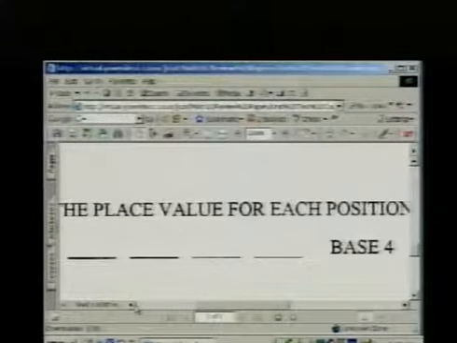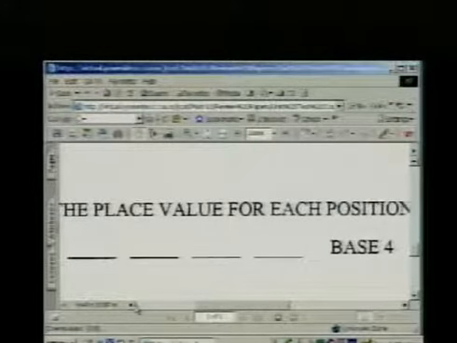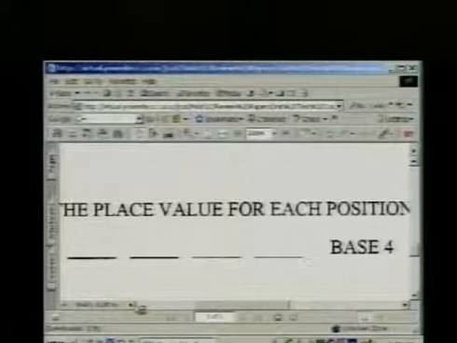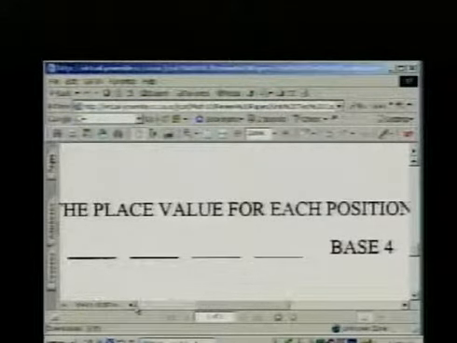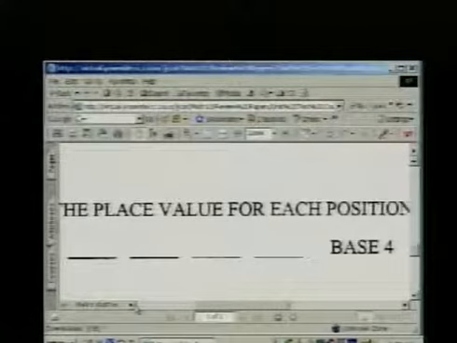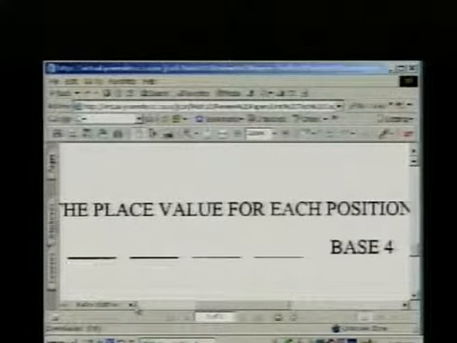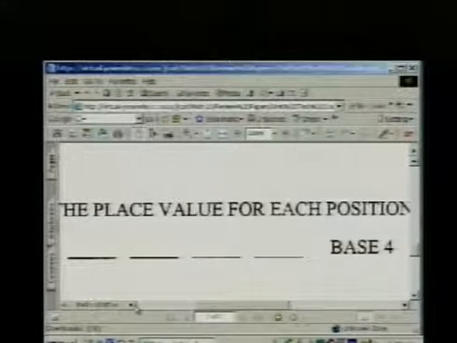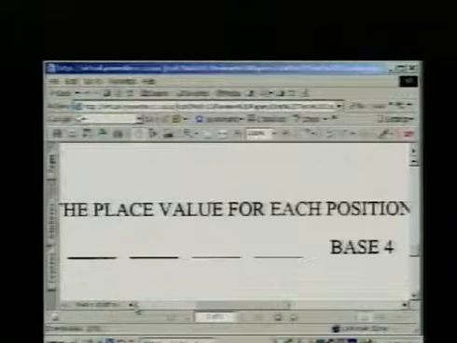Does somebody have an answer for me there? The first 4 places going from right to left. Who will give me the values there? The first digit on the right is going to be what place? Always the ones place. Next digit is always what? Your base. So this time 4.